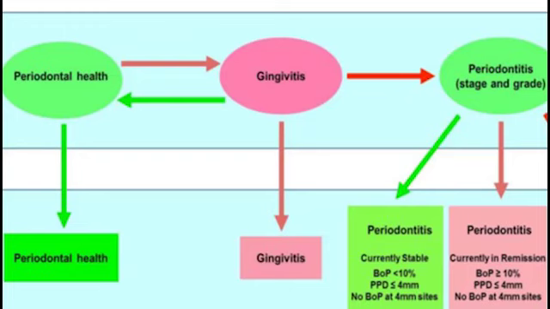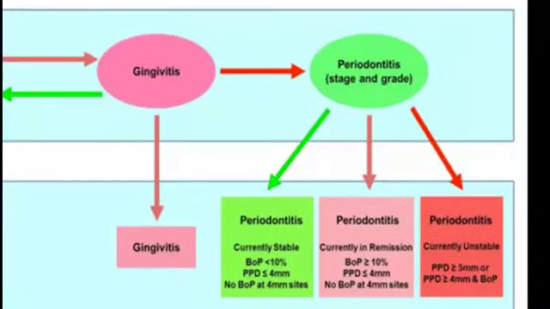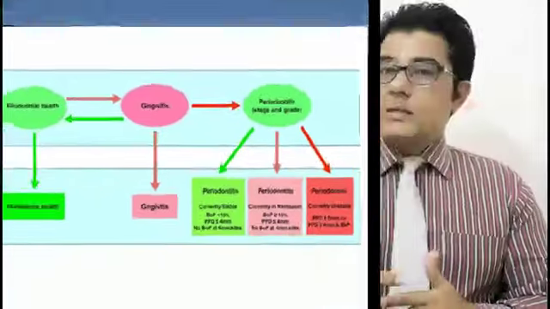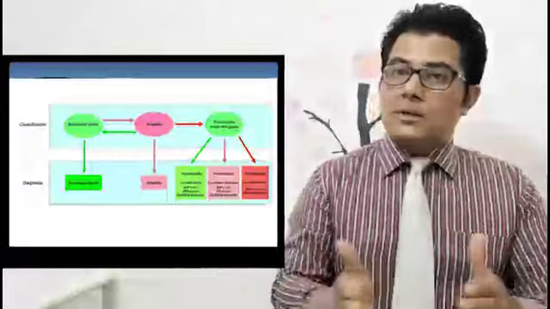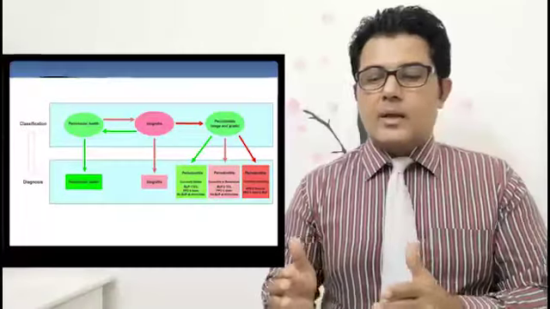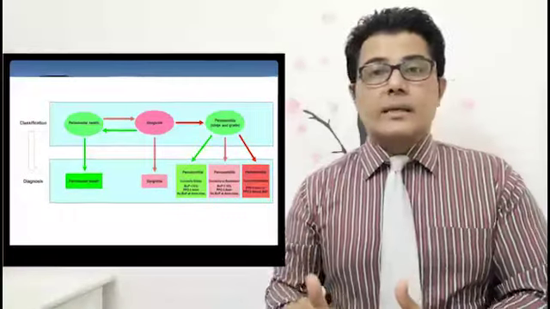After that, if the gingivitis progresses and converts into periodontitis, then we will go for the staging and grading of this periodontal condition, and determine whether the periodontitis is stable, or we can treat it and take it back to healthy conditions, or whether the condition is currently unstable.